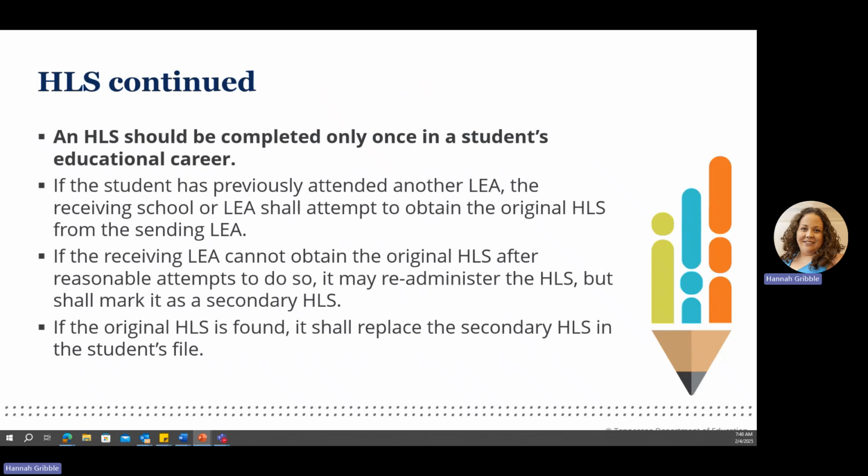If the receiving LEA cannot obtain the original after reasonable attempts to do so, it may re-administer the HLS, but shall mark it as a secondary HLS. It's also good practice to document those attempts to obtain the original. If the original HLS is found, it shall replace the secondary HLS in the student's file.